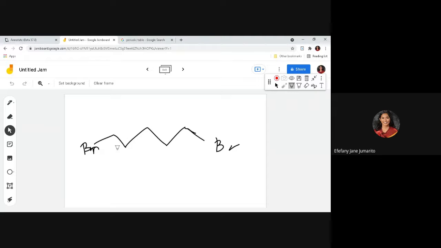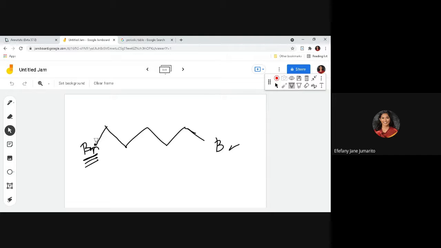So we have this one as pent. Class, there is no carbon here. It's a bromine, so it's not carbon.